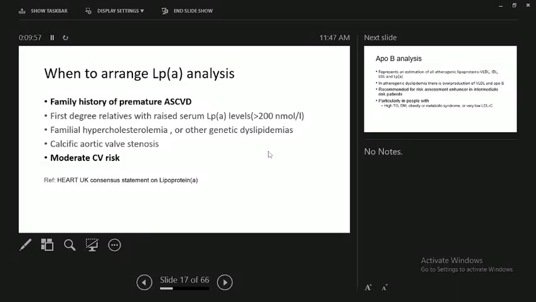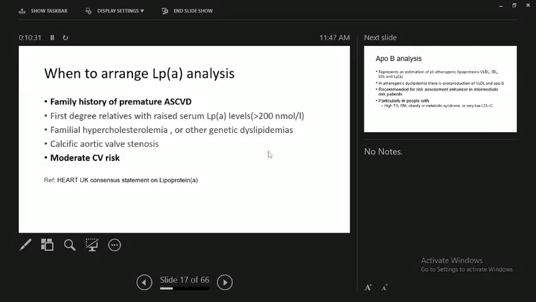The other guidelines do recommend this as a routine thing to do, but the Heart UK consensus statement suggests doing it only in patients who have a family history of premature atherosclerotic cardiovascular disease, or first degree relatives with high lipoprotein a, familial hypercholesterolemia or other genetic dyslipidemias, or calcific aortic valve stenosis, and if they have moderate CV risk.